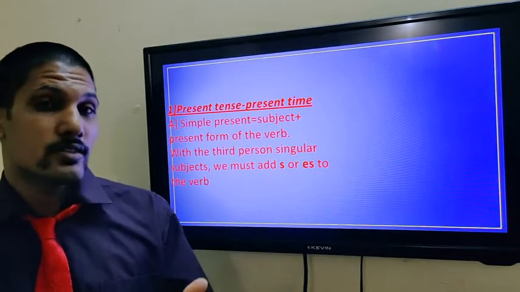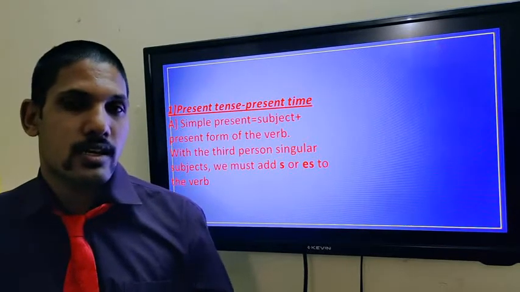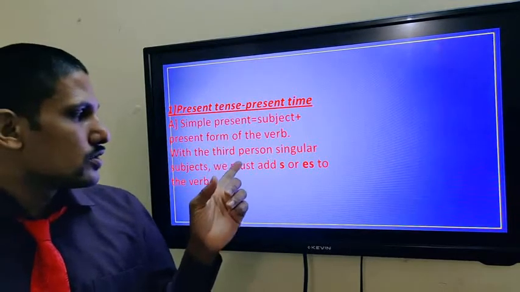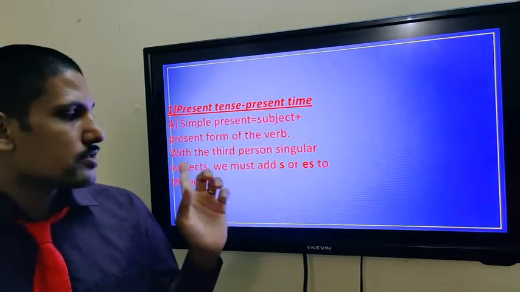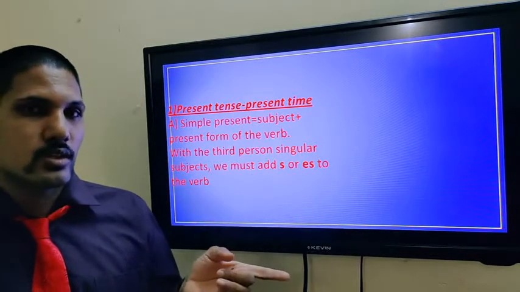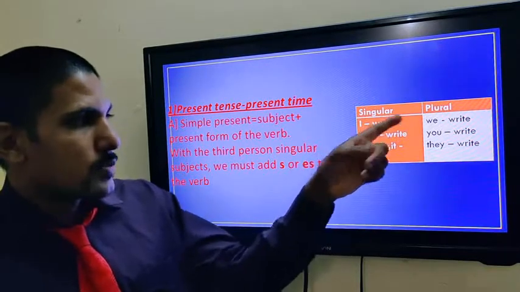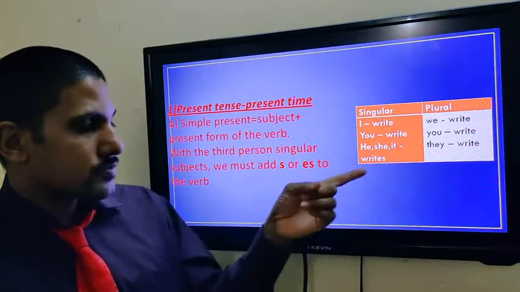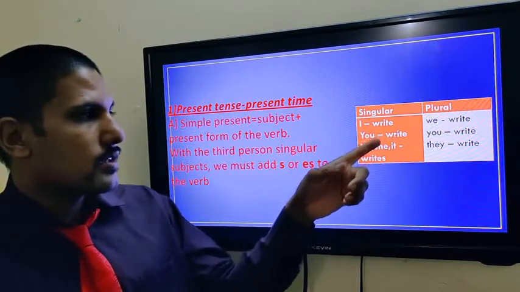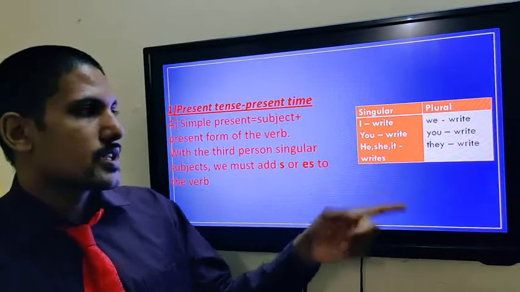Now a verb has three forms: present form, past and past participle form of the verb. With the third person singular subjects, we have to add s or es to the verb. There are singular and plural subjects. The personal pronoun subjects are I, we, you, they, he, she, it.